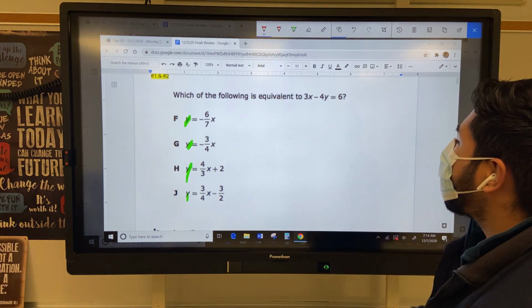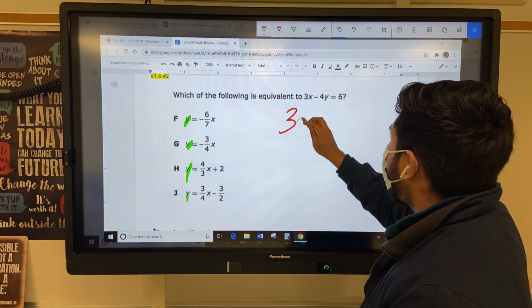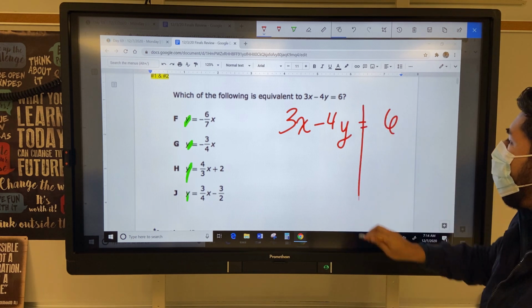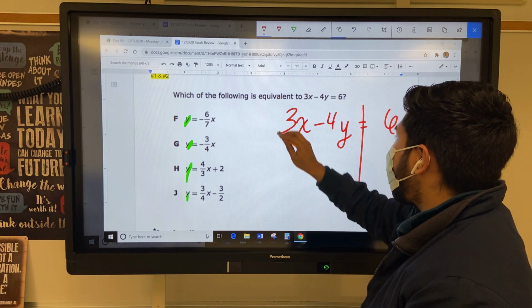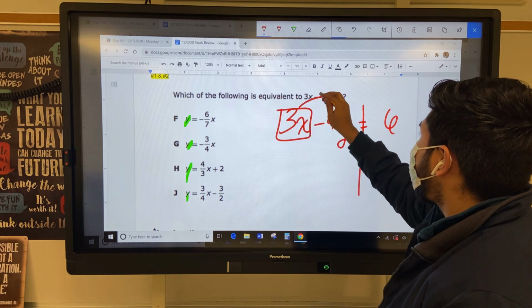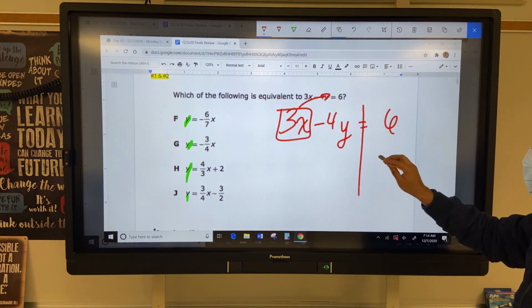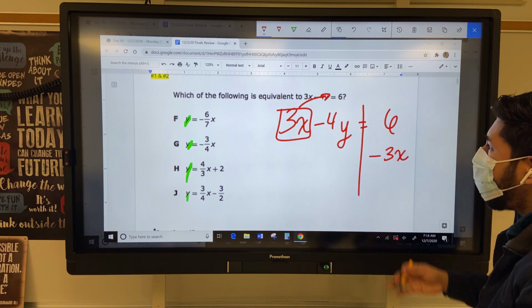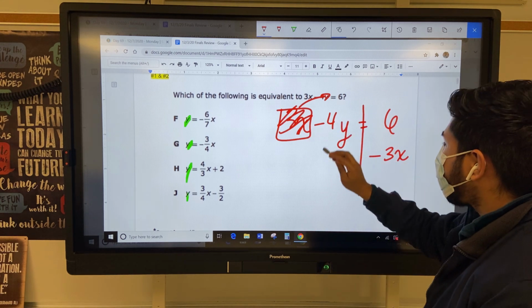So I need to convert this equation. 3x minus 4y equals 6. In order to convert, I need to throw over the x. Throwing over the x, can't forget it turns into a negative 3x, positive to negative. Bring everything down.